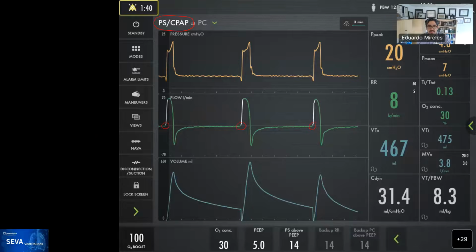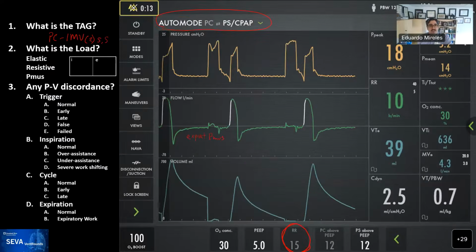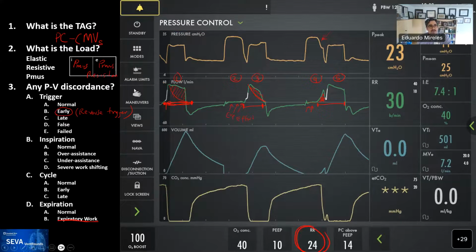For the sake of everybody, in summary, I know there were a lot of connection issues. The summary of this waveform was: this is pressure control CMV with a lot of inspiratory and expiratory PMOS. The breath was not being delivered because there was expiratory PMOS canceling essentially all the inspiratory pressure. And there was early trigger occurring in this patient, also called reverse trigger.